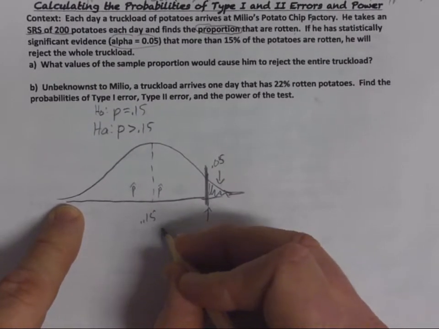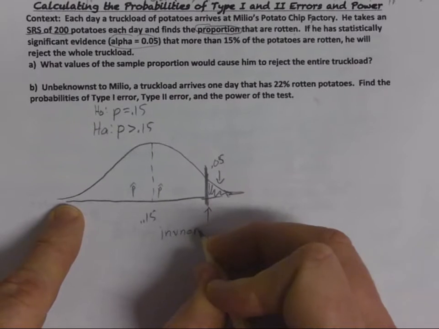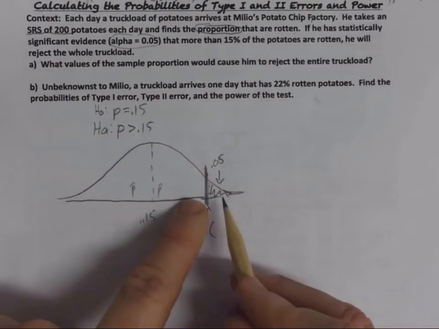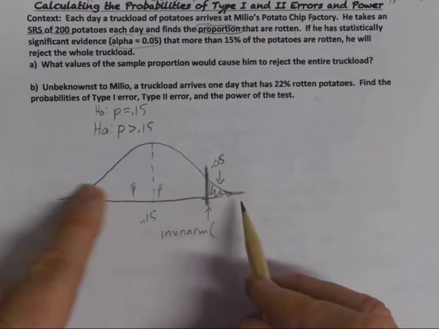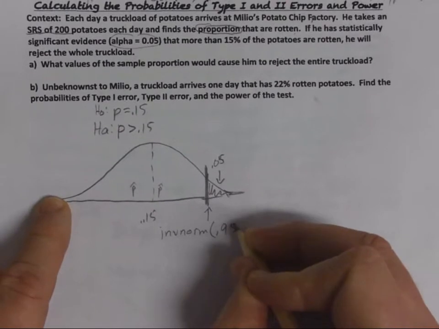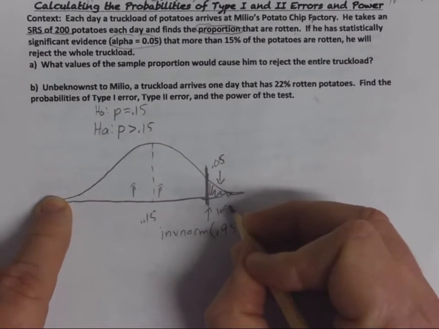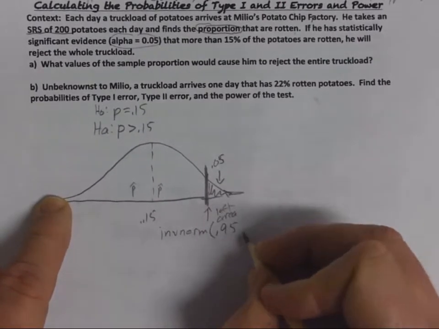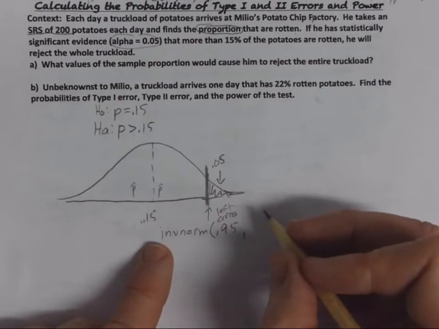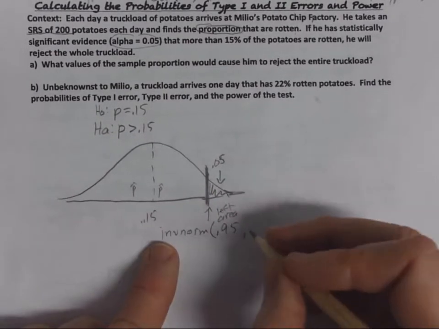But how can I find this value given the area? And that's our old buddy inverse norm. I'll do inverse norm, and I'll do left area. If 5% is to the right, that means 95% is to the left, so this would be the left area. Of course, you could do right area with the latest 84s, but with most of the old ones, you'd have to do this.